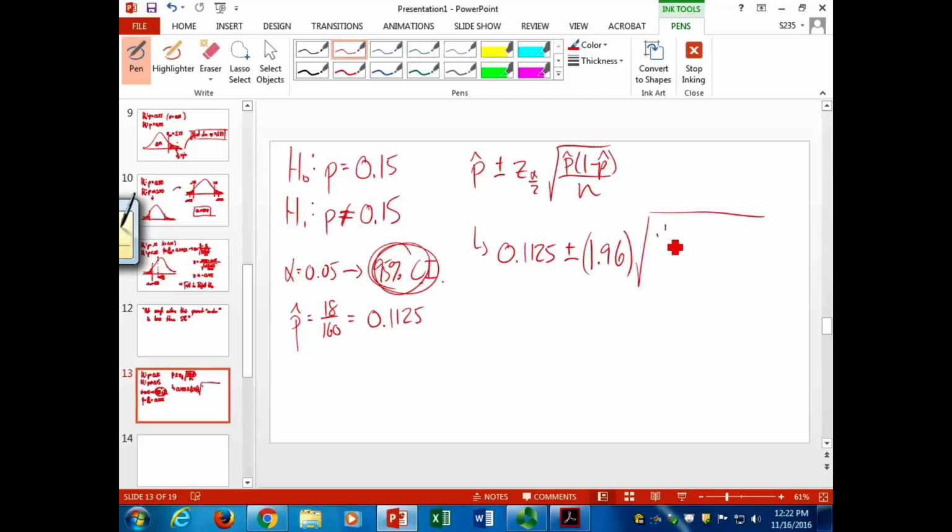And so that's 0.1125. 1 minus that would be something like 0.8875, I think. All over, our sample size was 160? Yeah. Okay.